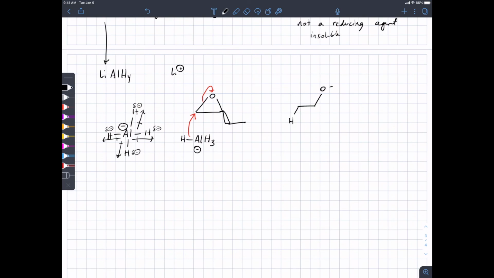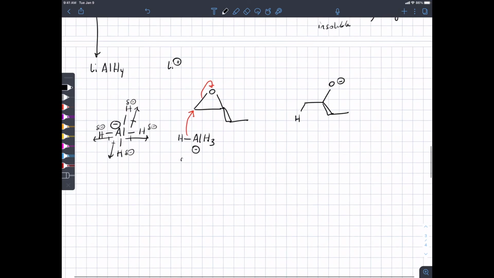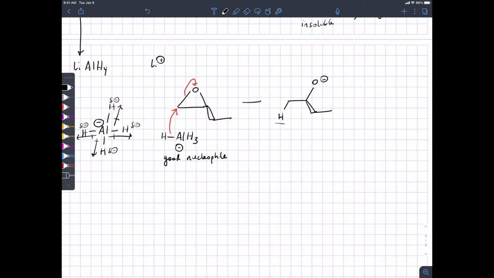Regioselectivity is just as we learned for epoxide opening in chapter 9, in that the good, strong nucleophile under negative charge conditions is going to choose the less substituted carbon. And then after an aqueous workup where we add water, we protonate the alcohol, and we end up with this product.